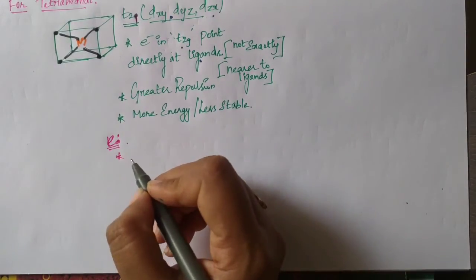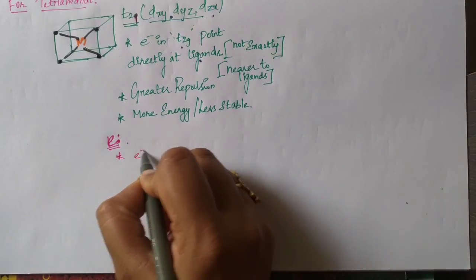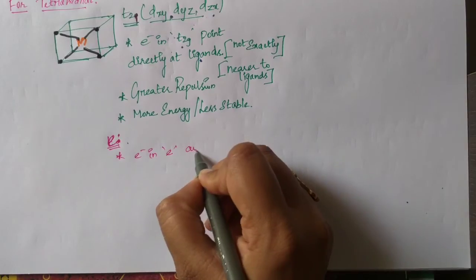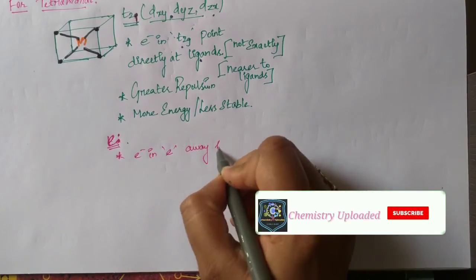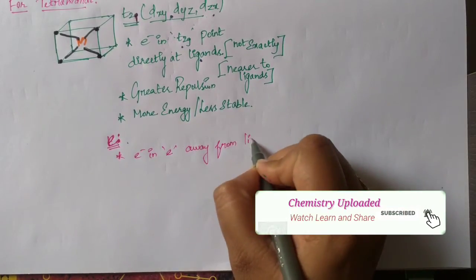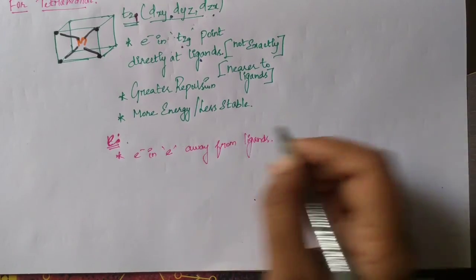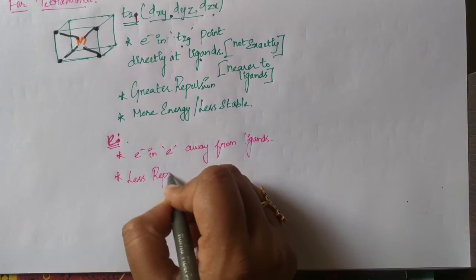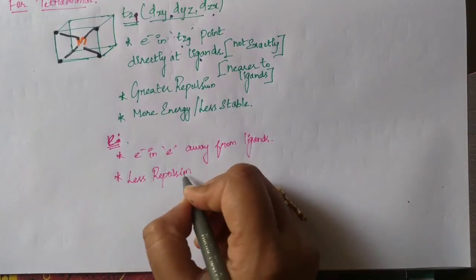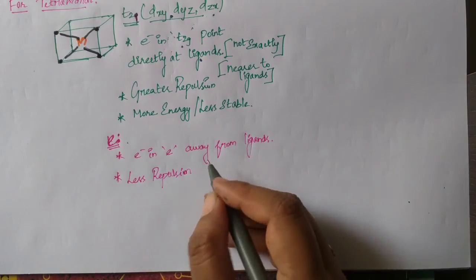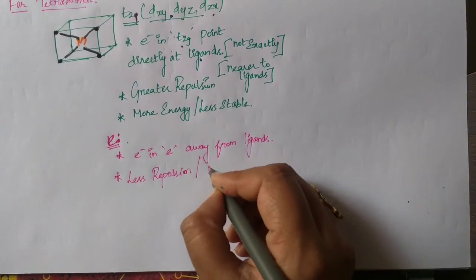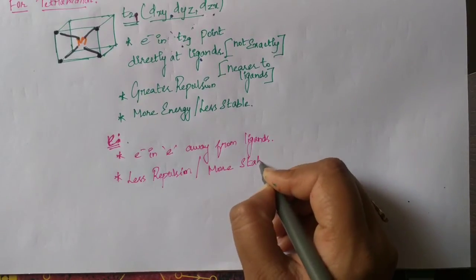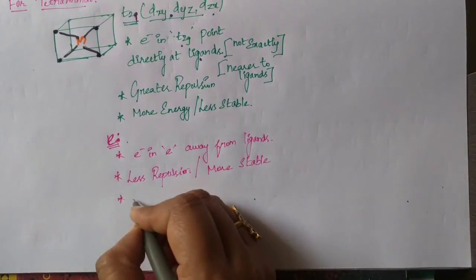Here in the e level, the electrons in e are away from ligands. So there is less repulsion. Same thing, students. So less repulsion means less energy, more stable.